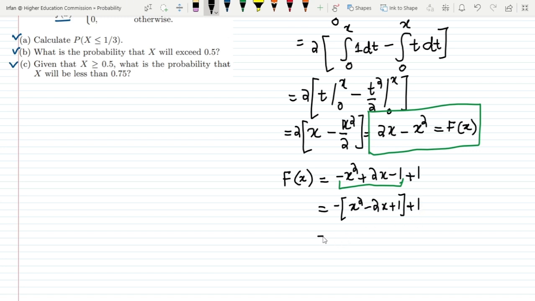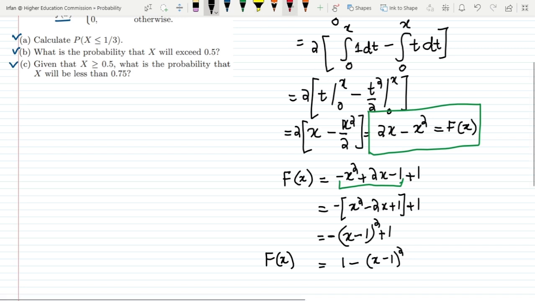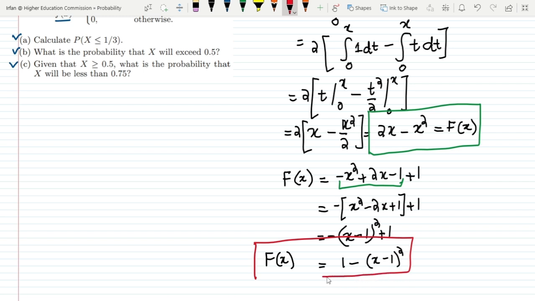Now combining it, I will get x minus 1 whole square, and here plus 1, or the value of f of x is 1 minus x minus 1 whole square, and that is the CDF of my function as well.